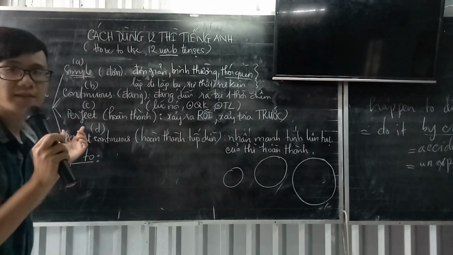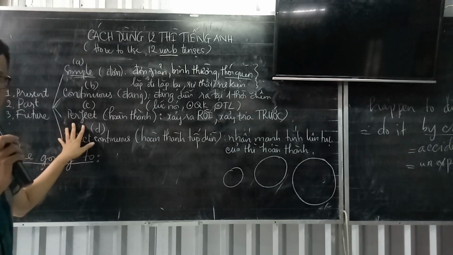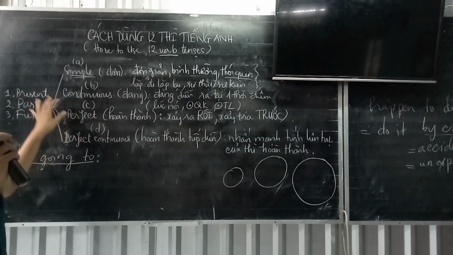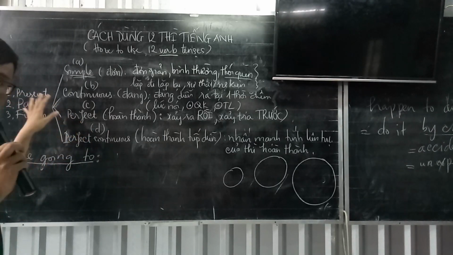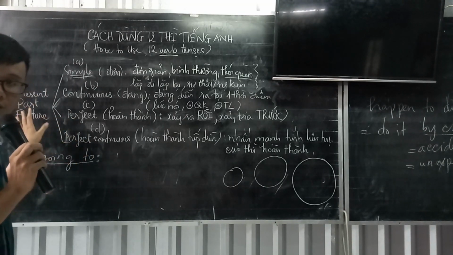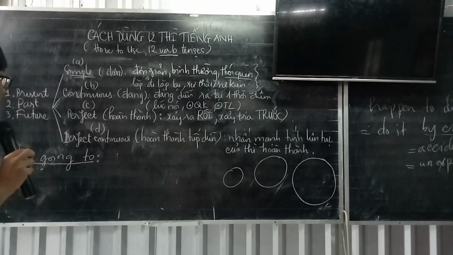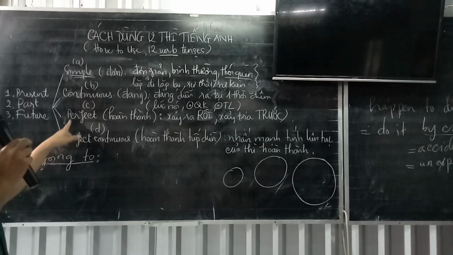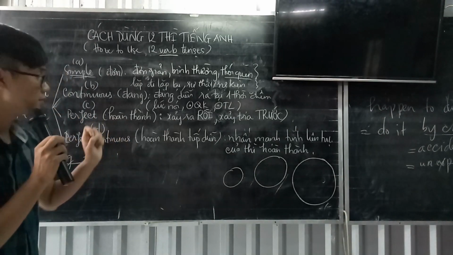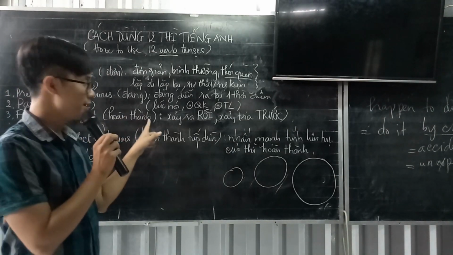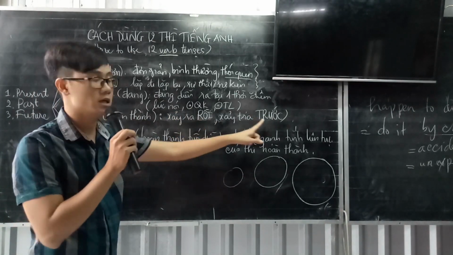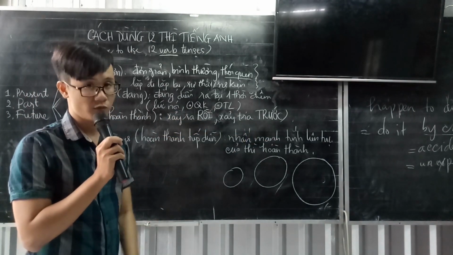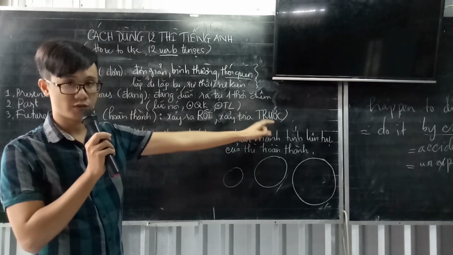And the third one is perfect. Present perfect, past perfect, and future perfect. Perfect means this word. This word means this word and this word. Remember this word.